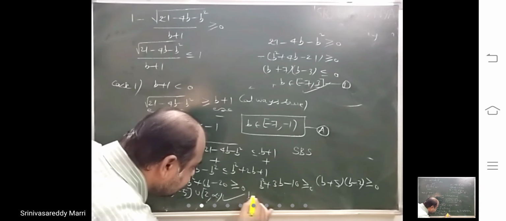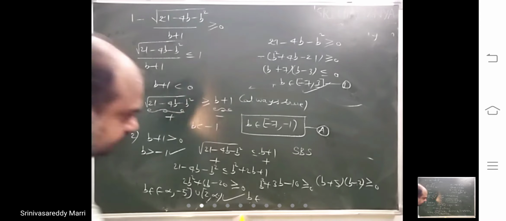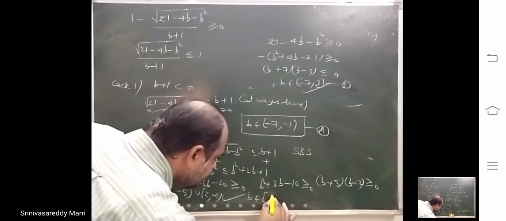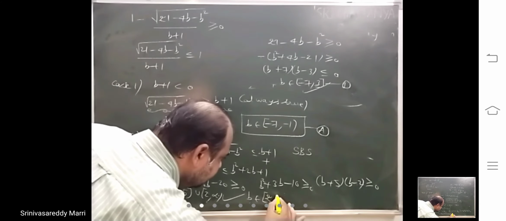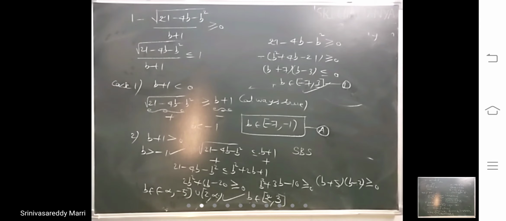Intersection point is nothing but 2 comma 3, right?